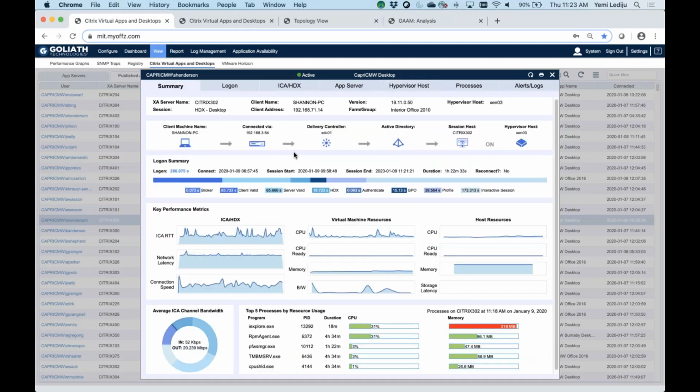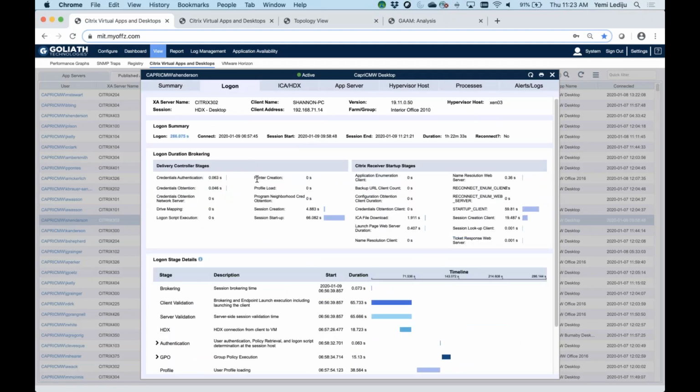Another thing that they found specifically in a lot of these logons were long times within the GPO stage, the group policy objects. So they flipped over to the logon duration tab here, and this tab gives them details into each stage of this particular logon process for this user, starting off with this top section, showing you exactly what's going on during the brokering stages of the logon process.